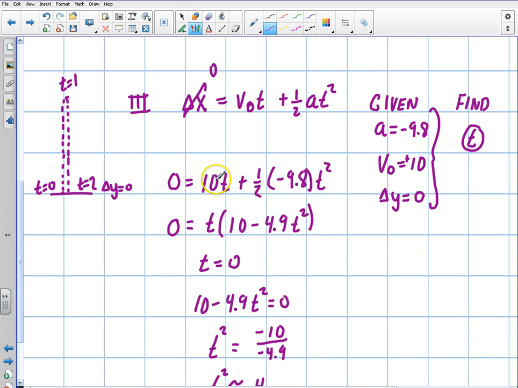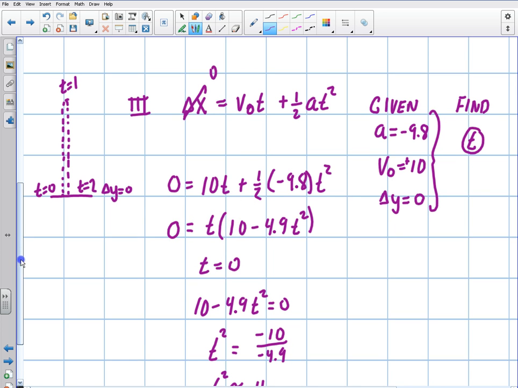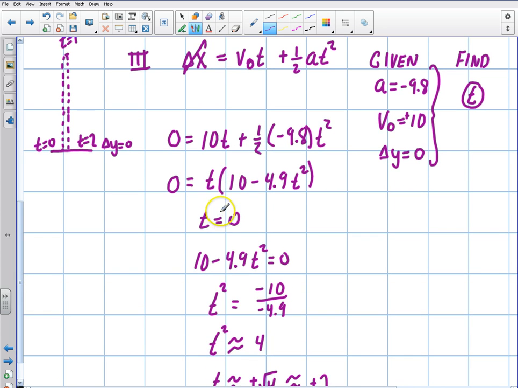So we say delta y is 0, and we have 10t plus 1/2 times negative 9.8 times t squared. You factor out a t, and we know that when we factor something out, there are two solutions. t equals 0 right here, because delta y was 0 at the start.